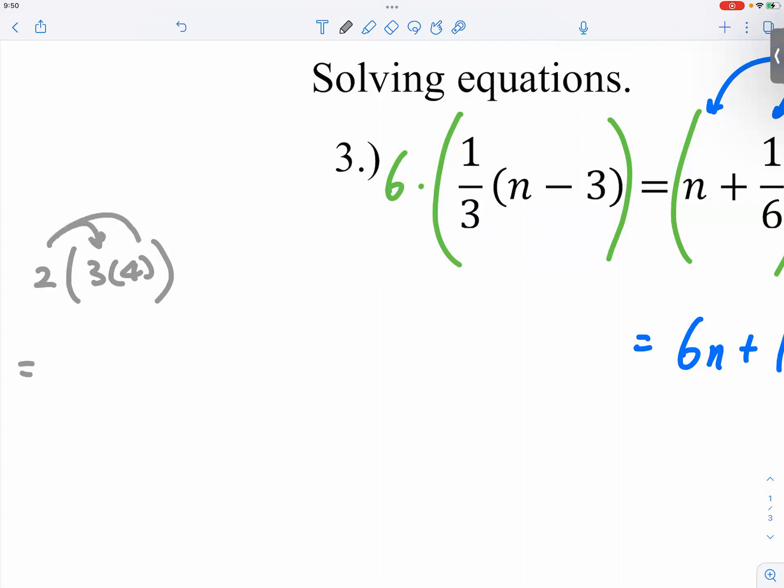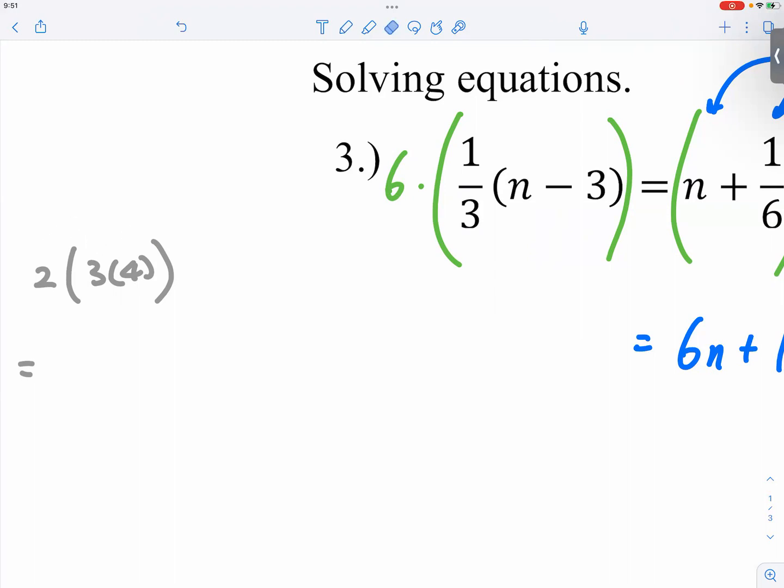Should we distribute the 2? Why not? It's correct we don't, but why not? No, that's not the reason. Because we only distribute if they are adding or subtracting. And they're not.